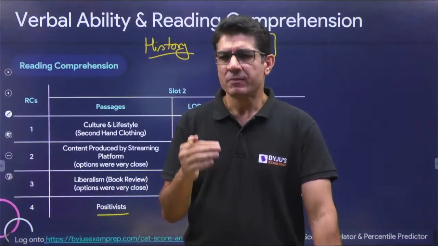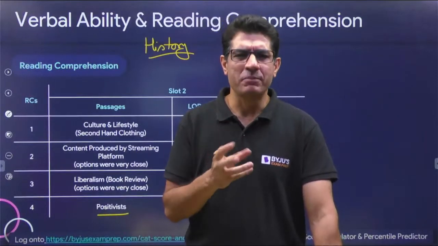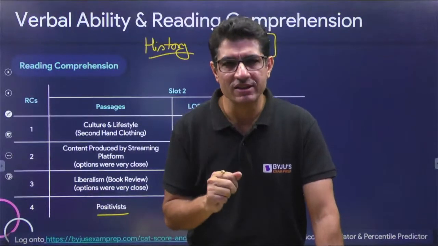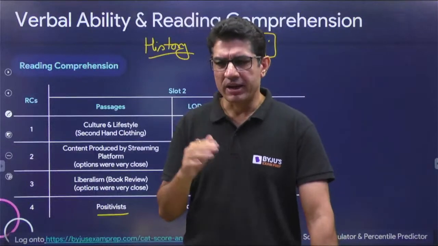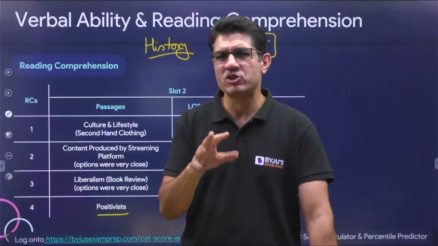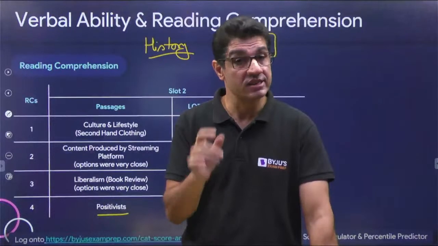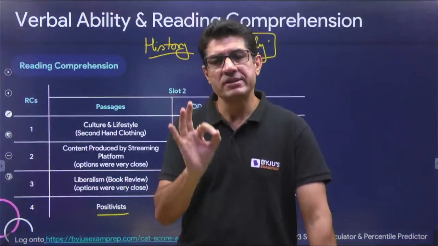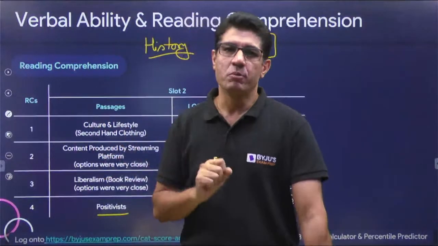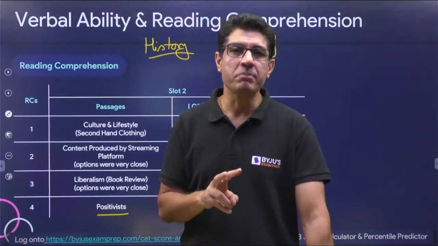So I'd say that if somebody could attempt around, say, 10 questions in RC last year, a good student, and got them right, people would probably be targeting more of around 8 questions. I'd say 6 to 8 questions is a really good range, a healthy range for people to get right in RCs, but it got compensated somewhat by verbal ability with the introduction of 2 odd one out questions, both of them TITA.